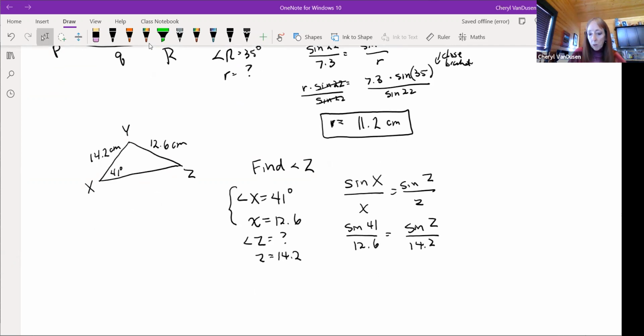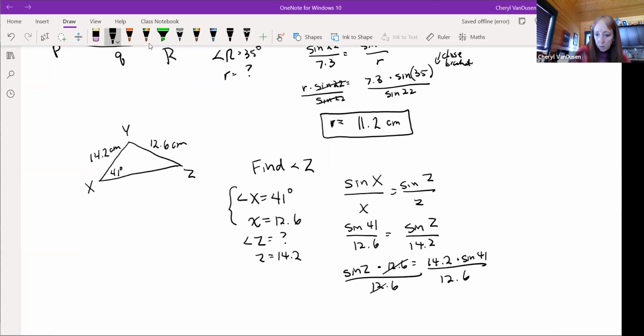So kind of the same setup, right? We're missing something, cross multiply. So we get sine Z multiplied by 12.6 is 14.2 multiplied by sine of 41.